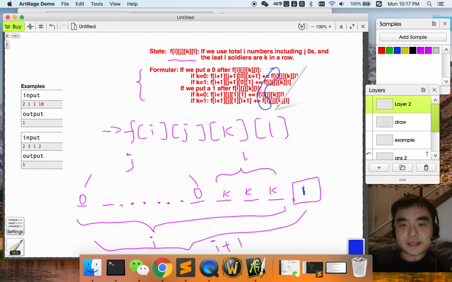After all these fi states are calculated, we can move on to fi plus 1 states, right? And that is our way to solve this problem. So let's look at the code.